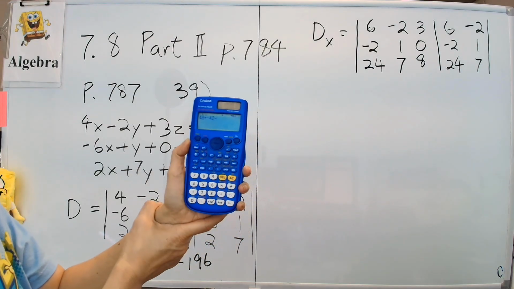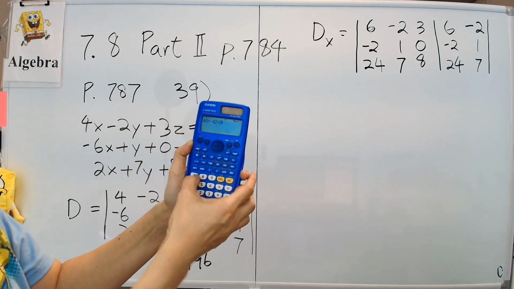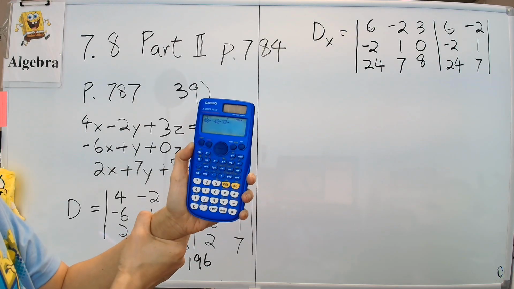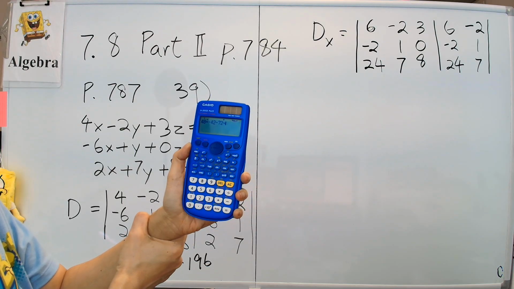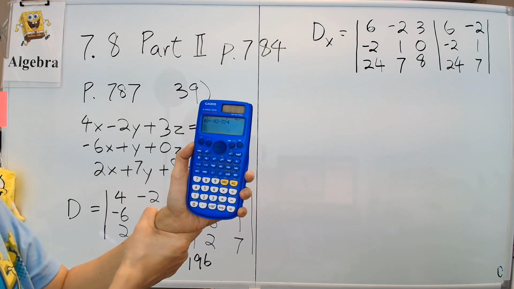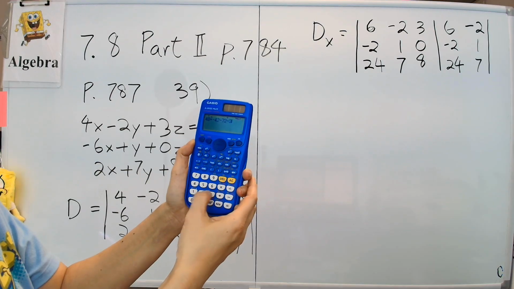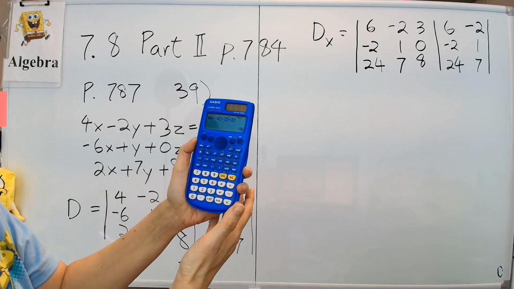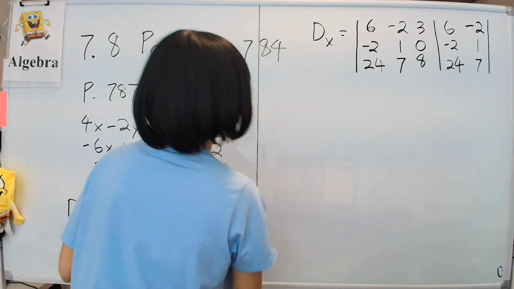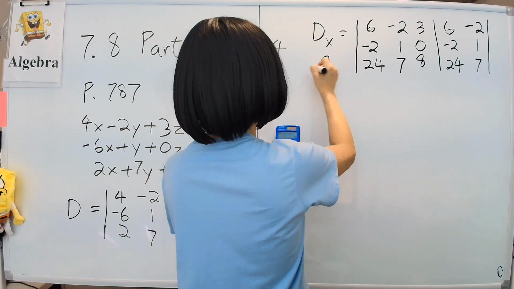And the next, minus 24 times 1 times 3, that's 72. And the next one is 0, and the next one, because it's 7 times 0 times whatever, we don't care anymore. And the last one is 8 times minus 2 times minus 2. That's 8 times 4, that's 32. So that should give us negative 98 to be dx. I will write that down here: dx equals negative 98.